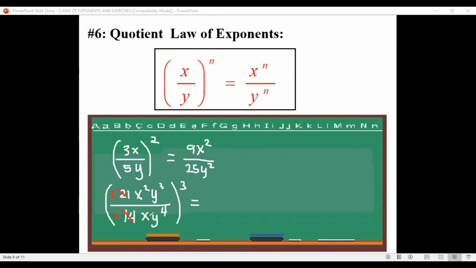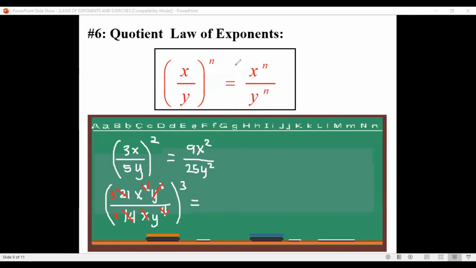Using now your quotient rule, x squared over x, we can just cancel that, leaving x to the first power. Then your y raised to the third power over y to the fourth becomes y raised to the first power in the denominator.